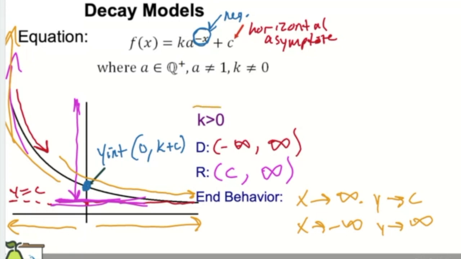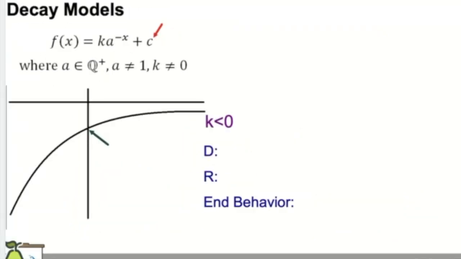So if you notice here, k is positive. Well, what happens when k is negative? It's flipped over the axis. Same exact graph, just flipped over the axis, just like the last one. You see it's flipped over the x-axis. And it's flipped because you'll see this is still negative, so it's decay.